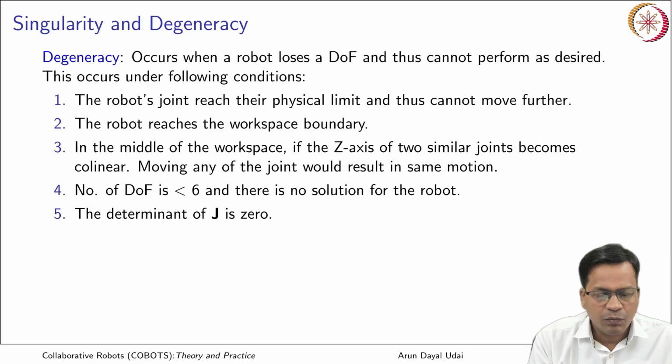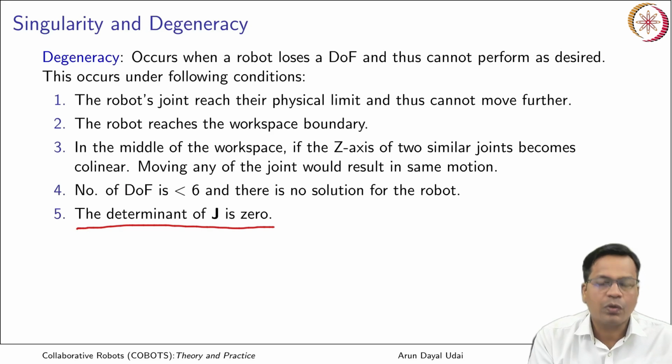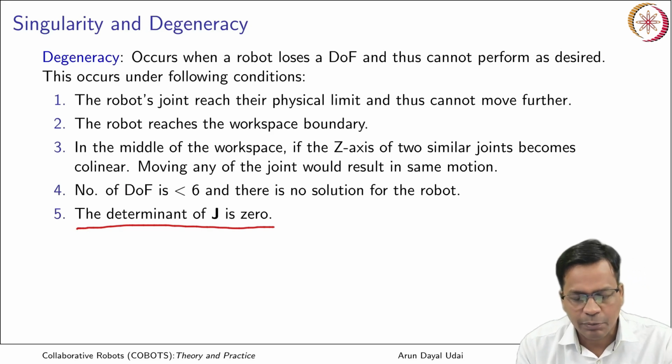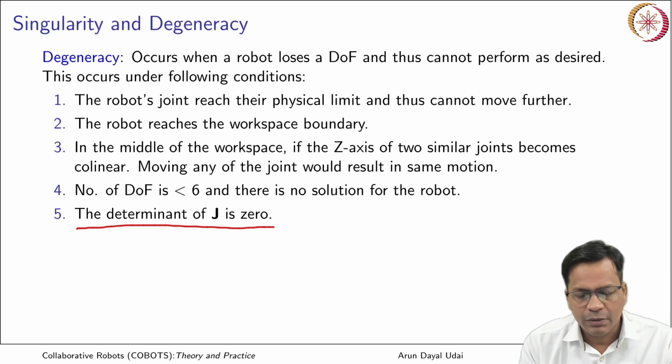And the last is when the determinant of the Jacobian becomes equal to 0. As you have expected, twist is equal to J theta dot. If I have to find theta dot, what we did is the Jacobian inverse of the twist of the end effector.